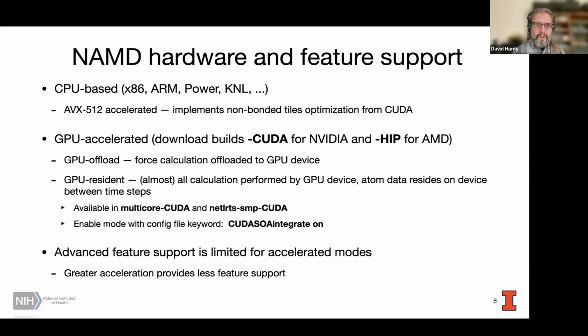We haven't really taken support away. It's just that some of the platforms are gradually being superseded by other platforms. But we've got a lot of good CPU-based support on x86, the new ARM CPUs, Power and Knights Landing CPUs. And like I said, we have this AVX512 accelerated mode that we can use on x86.